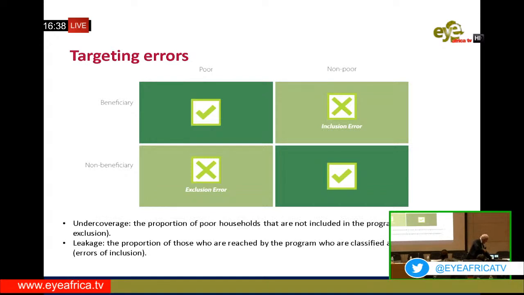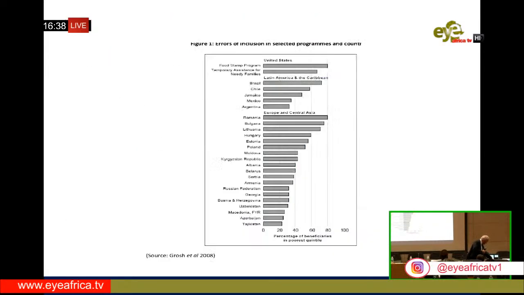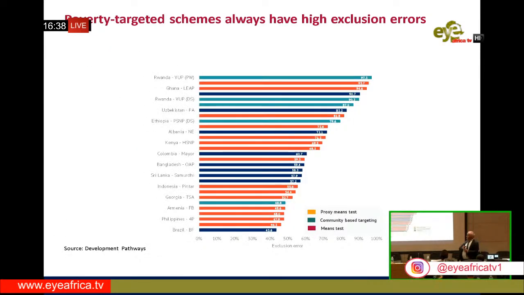So already Steve Kidd gave you this graph, which shows targeting errors calculated by Development Pathways for a lot of proxy means tested programs.